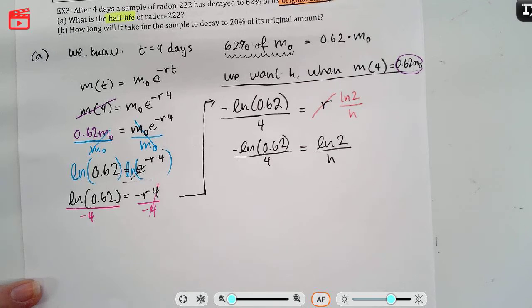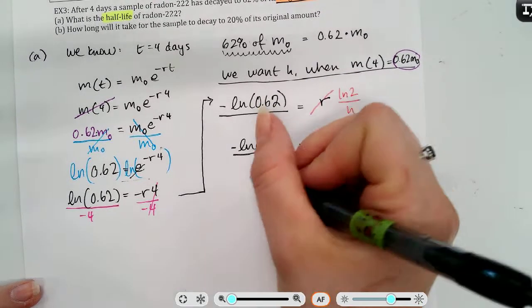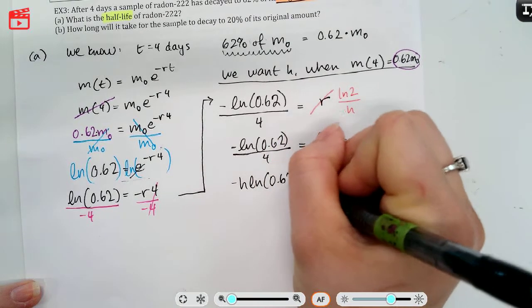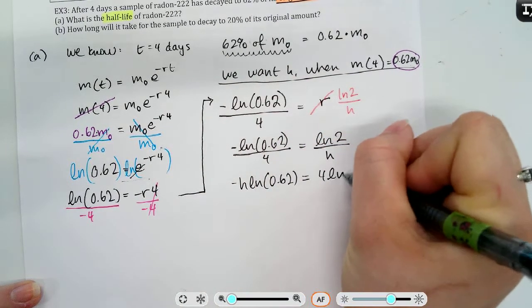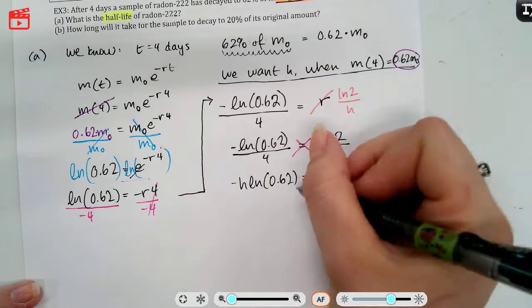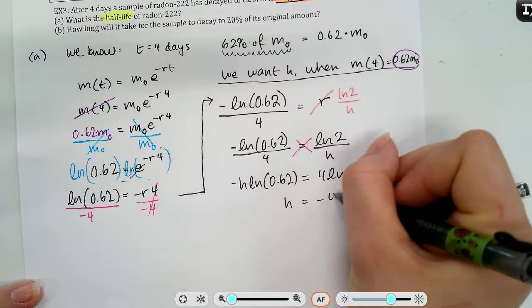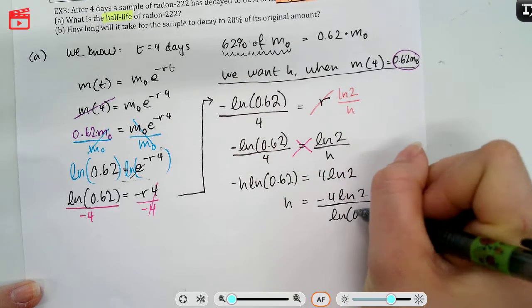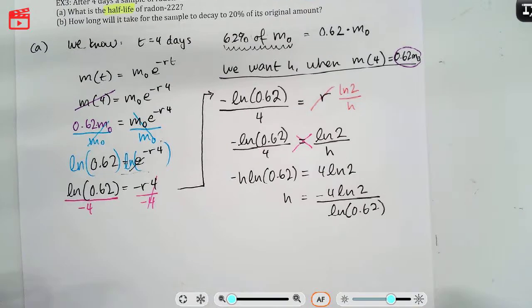Cross multiplying, I get negative h natural log of 0.62 equals 4 ln 2. Then dividing, I get h equals negative 4 ln 2 all over natural log of 0.62.